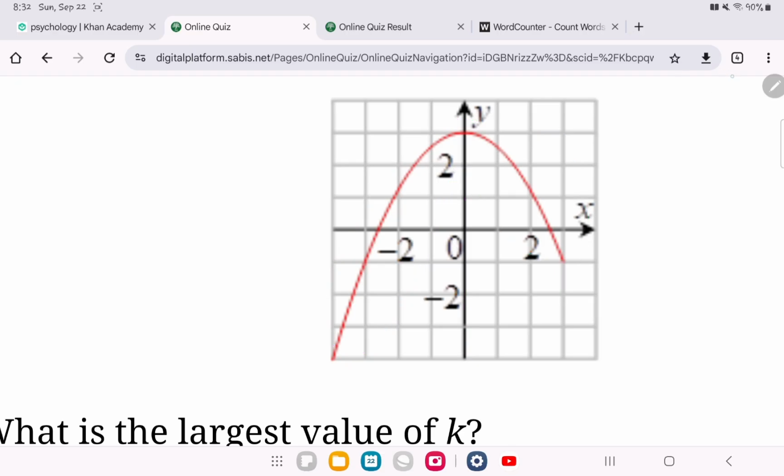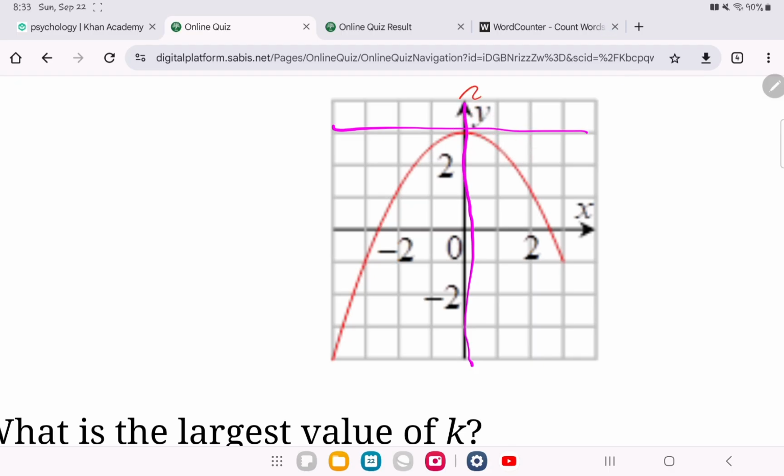Again, I will repeat. We do the horizontal line test, and then we see at which point, if we draw a vertical line from it, the function will then become 1-to-1. It's definitely this point.